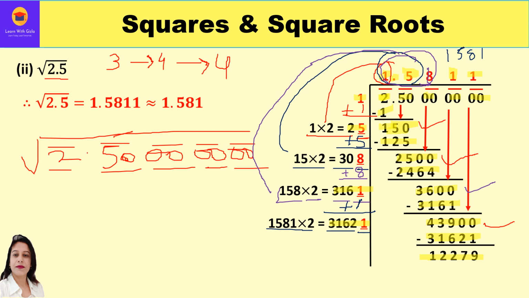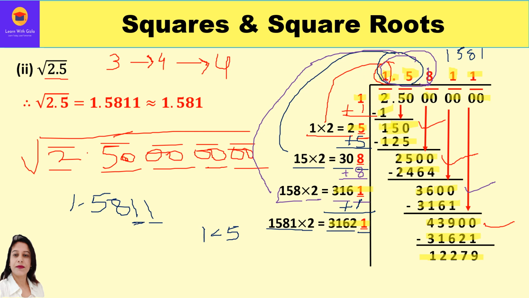So I can say now I have my quotient 1.5811, that is 4 decimal places, right? Now depending on the fourth place, I will make the correction in the third decimal place, right? Now 1 is in the fourth place, which is less than 5. So there is no change in the third place.